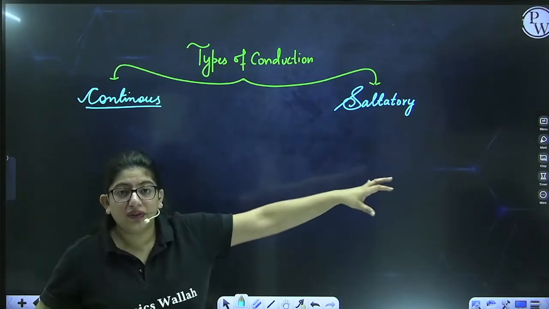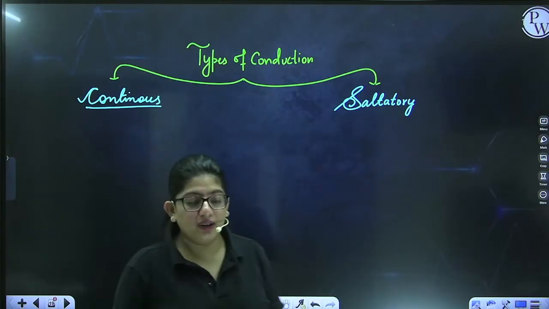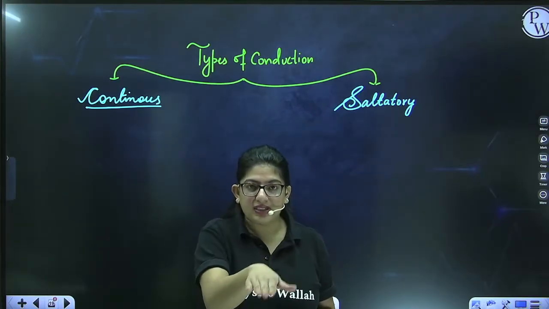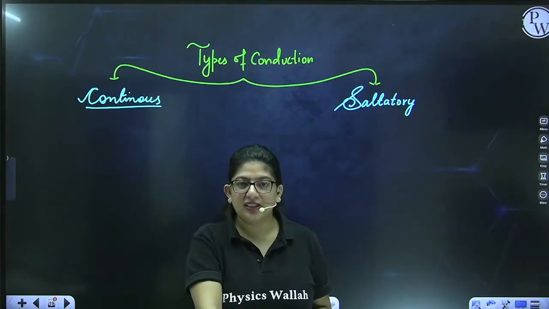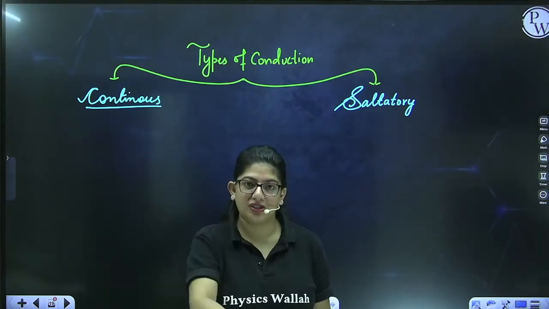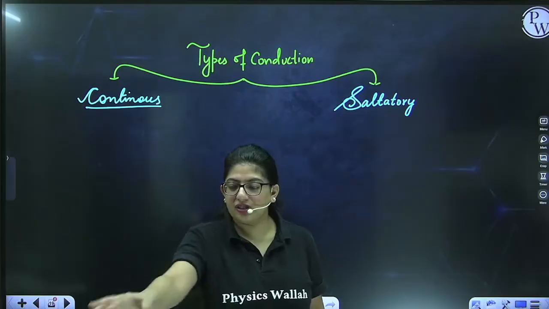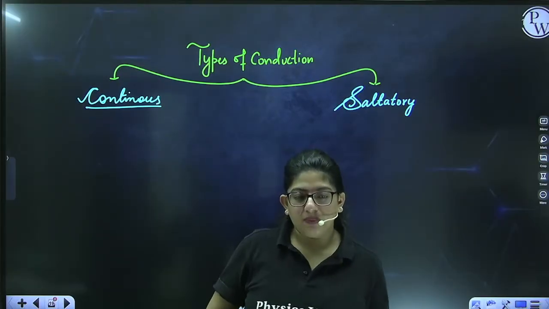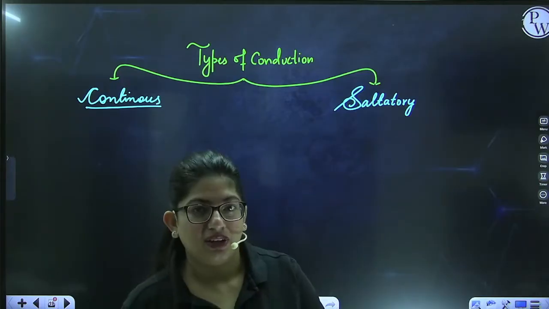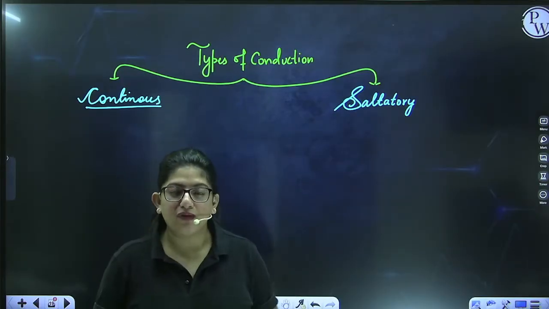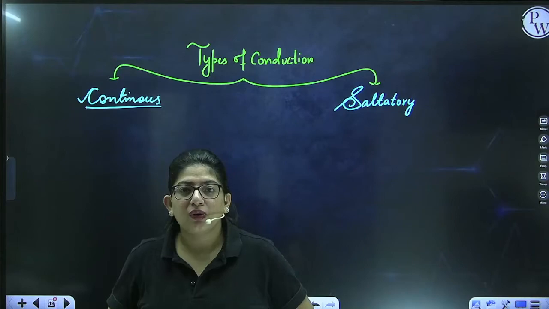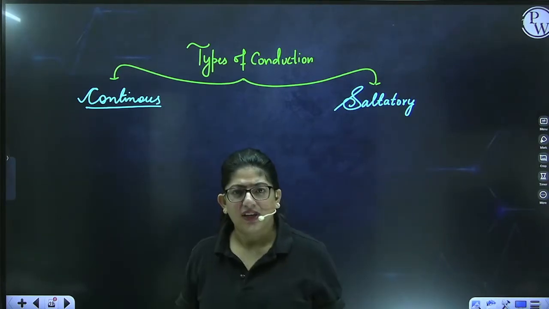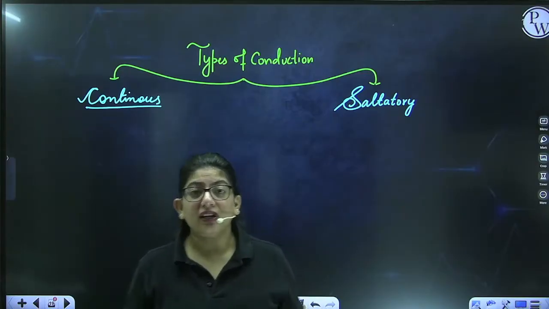Whereas in the saltatory, for example, if you are moving, and there are certain big rocks present, say rocks one foot tall, on some places, then what will you do? You will step up, jump, and then move further like that. If you have no rocks in your path, then you can easily move continuously, just like that. So this is what happens in continuous conduction.